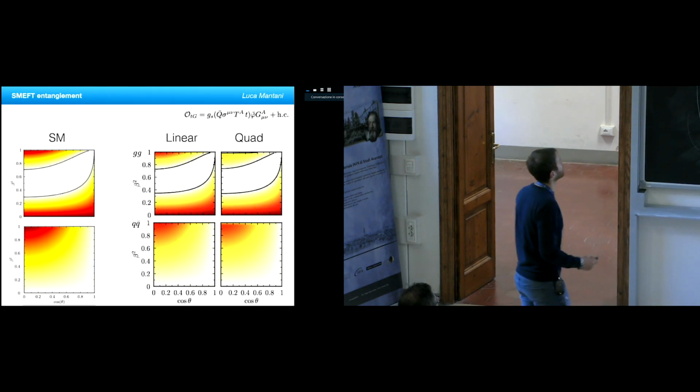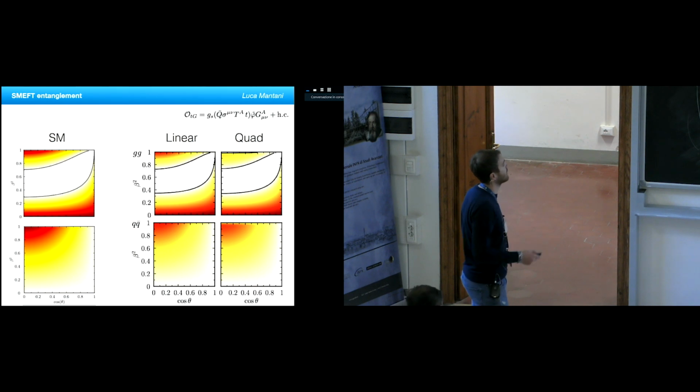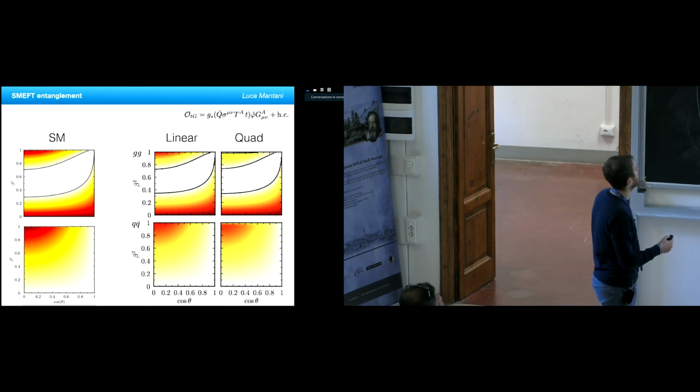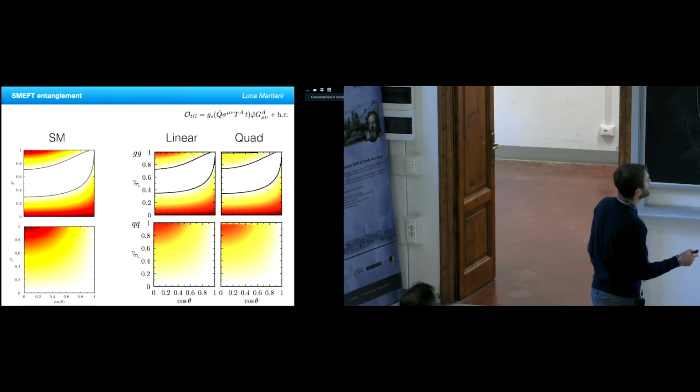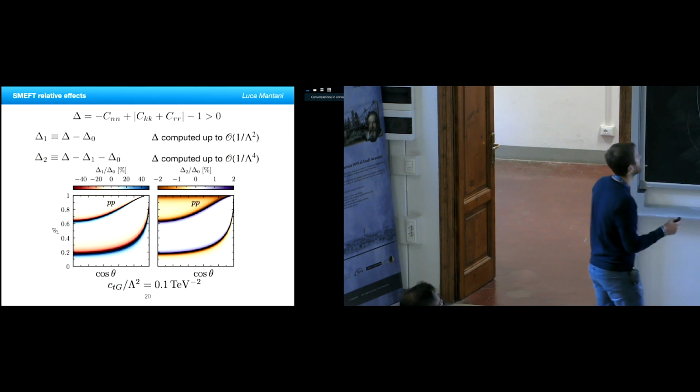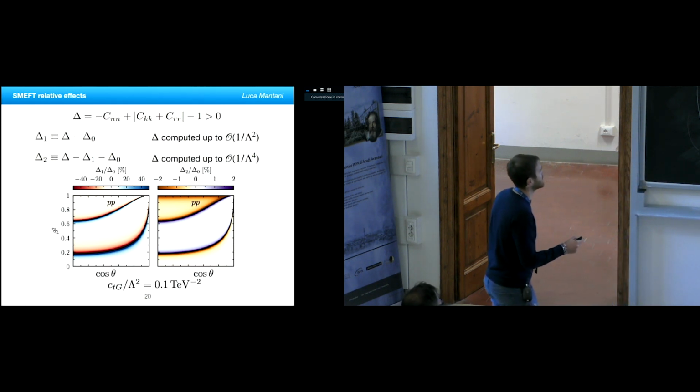Okay, so now just some results from our study in the t t-bar. This was a standard model picture. And this is, for example, how the picture looks when you induce some new physics. This is a specific operator. The effects are very mild and difficult to see from here, but what you can observe, for example, here is the quadratic piece is lowering the entanglement even in the high energy regime, and this can actually be seen a bit better if we look at the specific relative changes.